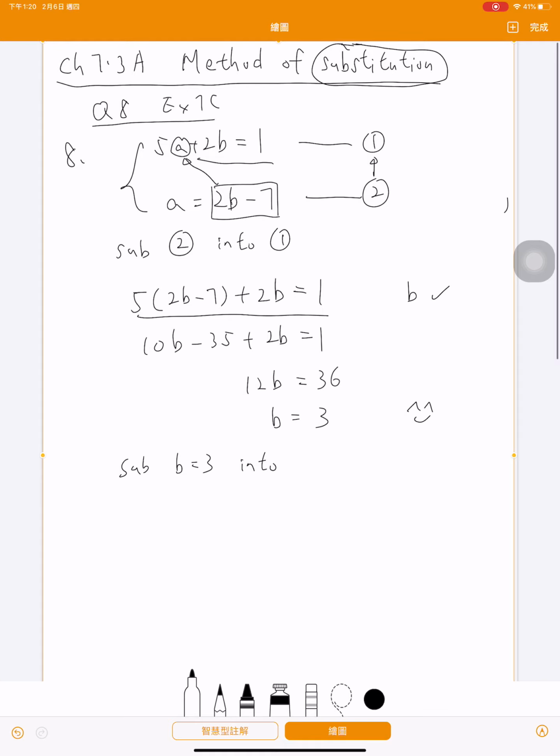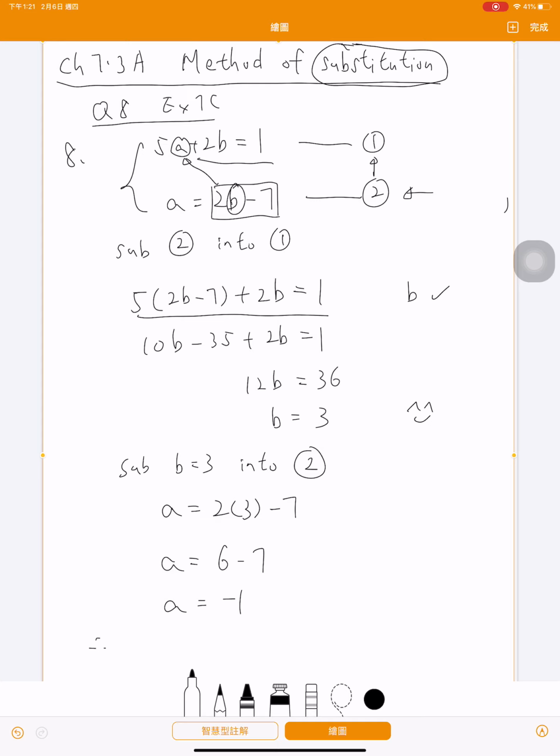But I think equation 2 will be easier to calculate for finding a. So I substitute into 2 this time. That is a is equal to 2 times b, b is 3, 2 times 3 minus 7. So a is equal to 6 minus 7, a is equal to -1.